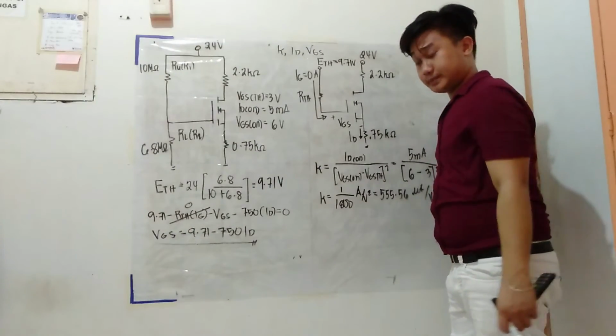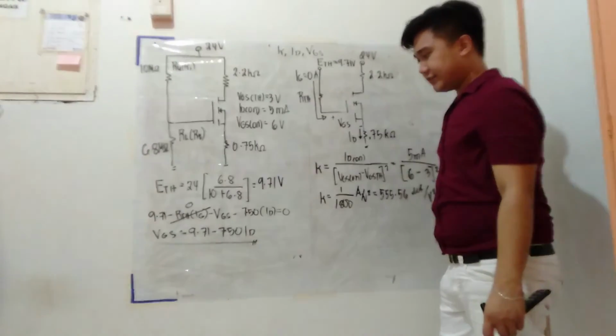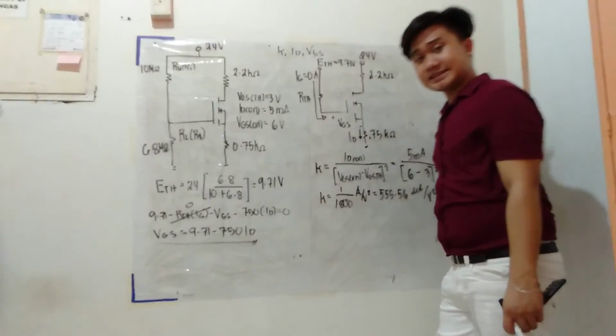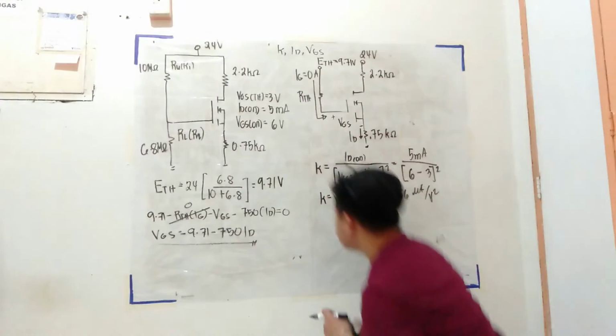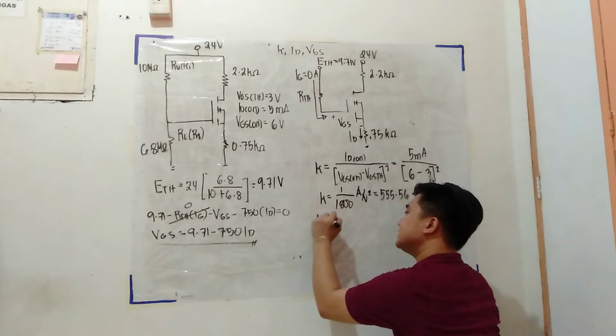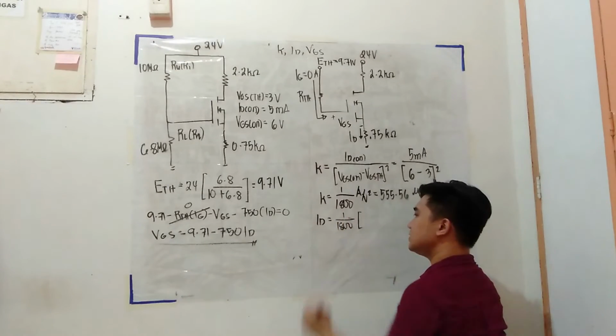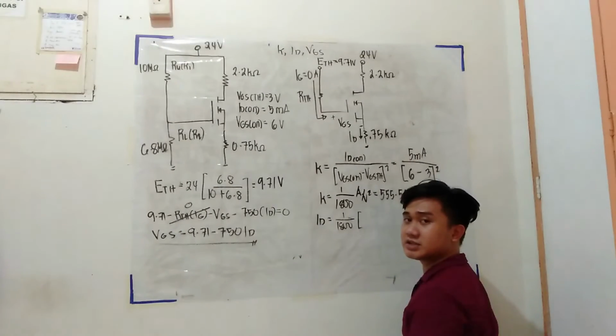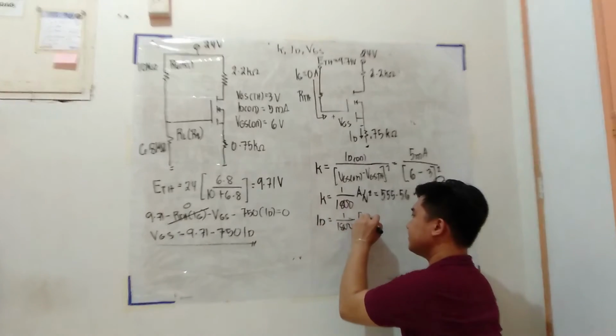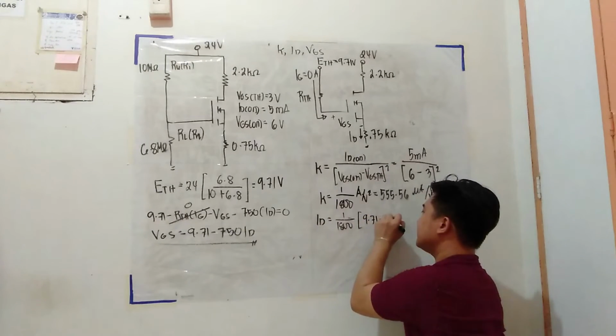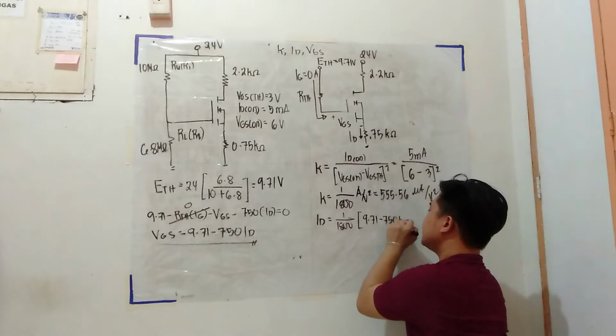Dinidecimal ko lang po. Okay. Then you can already find the value of ID. So let's set up an equation for ID. So ID is equal to K, which is 1 over 1800, times (VGS minus VGS TH) squared. We found out VGS to be 9.71 minus 750 ID, minus VGS TH, which is 3 volts, squared.